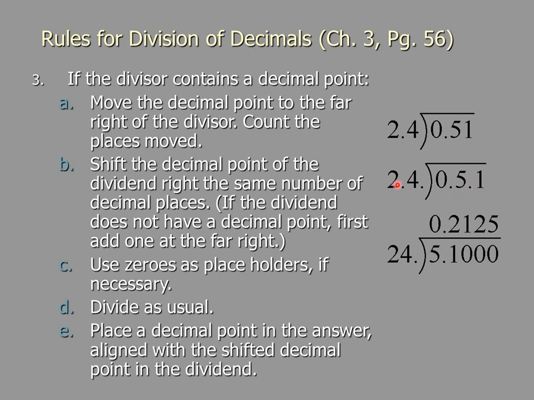You might have to move it 2 positions, sometimes 3 positions, but you have to be careful: the number of positions you move the decimal point in the divisor, the same number of positions you have to move it in the dividend as well. And then the rest is it. So the idea is you will get rid of the decimal point from the divisor, and the rest is just like the previous division.